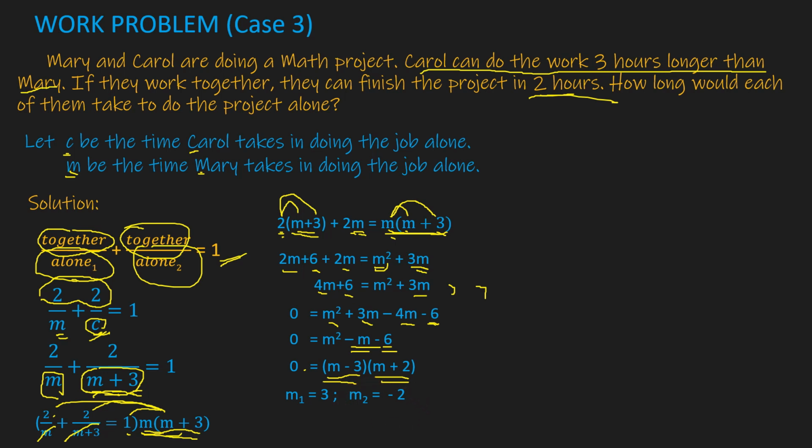And by continuing again, it takes 3 hours for Mary to do the job alone, while it takes 6 hours for Carol to do the job alone. Why 6 hours for Carol? Because according to the condition, 3 hours longer than Mary. And that's it.